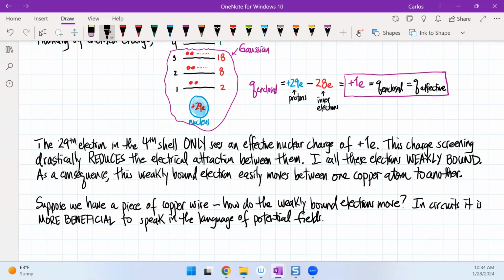So current in wires are a superposition of two motions.